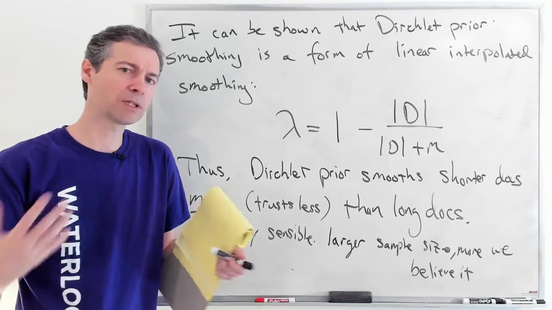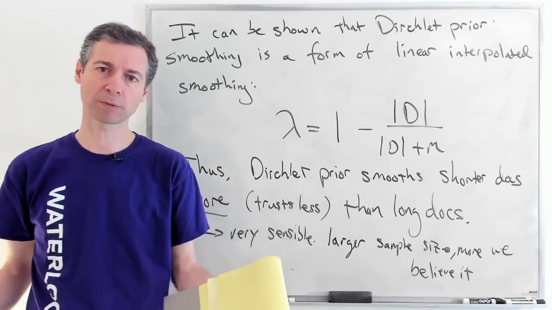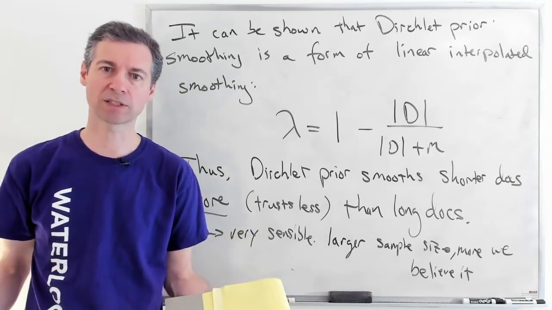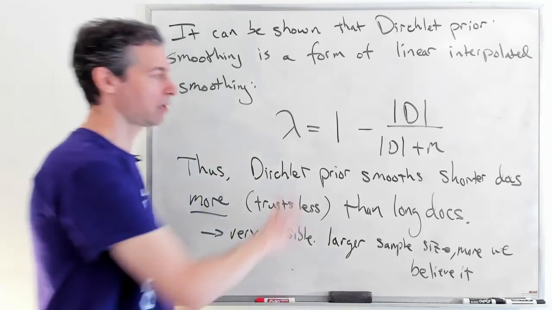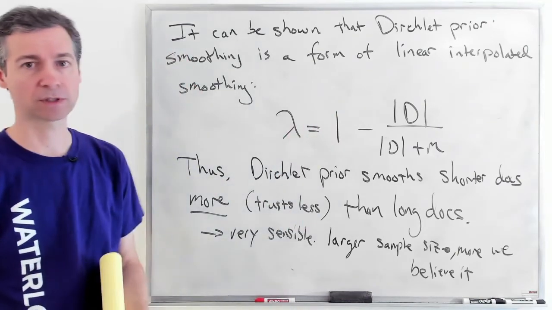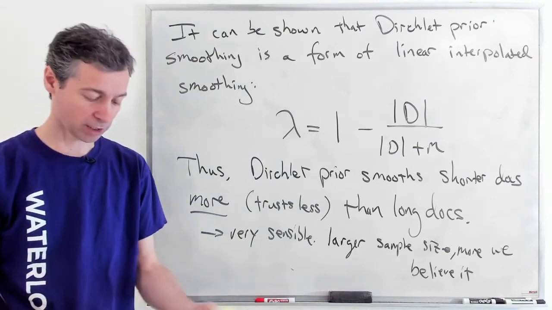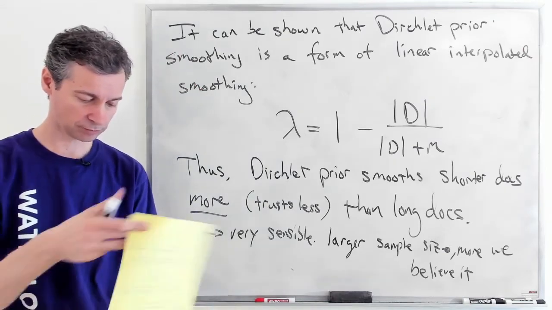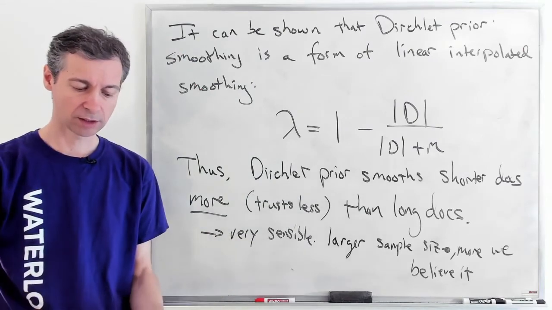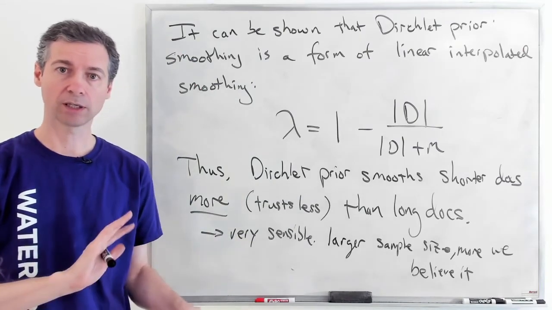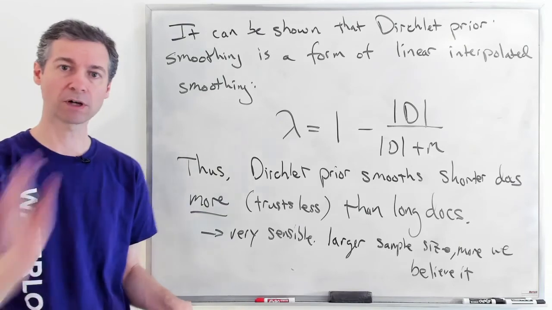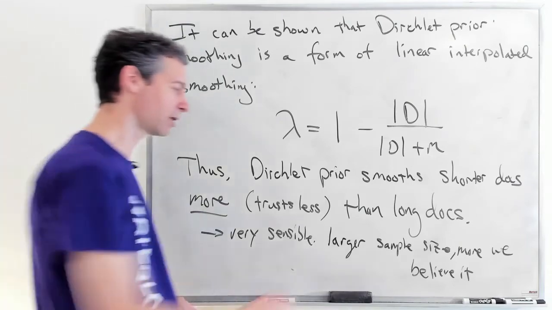And so I don't need my prior belief. I get to replace my prior belief by what I actually see. And so that is a really nice aspect of Dirichlet prior smoothing. All right, so that is largely smoothing, largely the language modeling approach to IR.